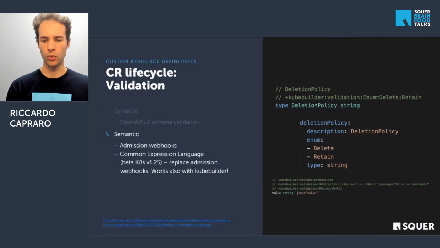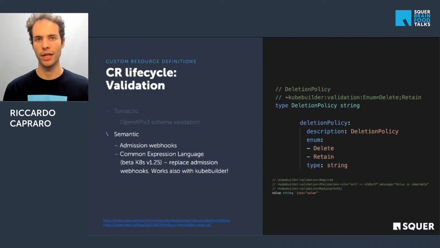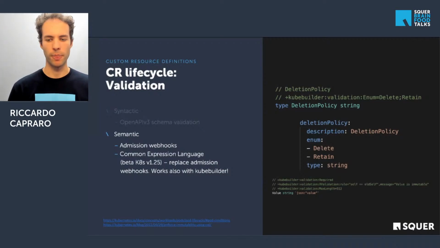And if you want to do other sorts of validation, then use admission webhooks, or if you are on Kubernetes version 1.25 or higher, then you can use this amazing feature called common expression language that basically allows you to do more validation in the CRD, basically, without having to have an admission webhook.